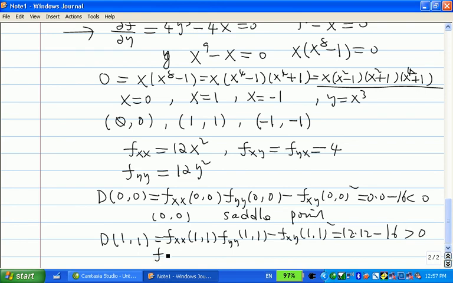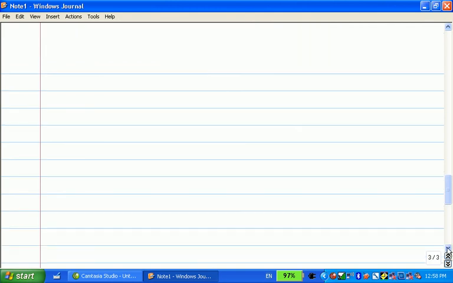And fxx(1,1) gives you what? Equal to 12 times 1, which is positive. That means your curve there is concave upward. By the second derivative test, (1,1) is what?